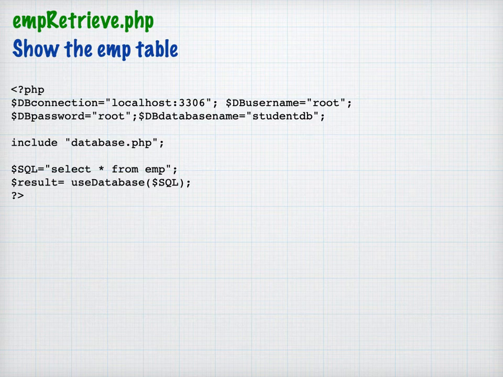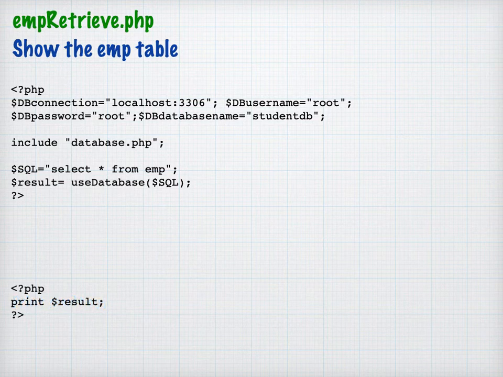What this library does is, if it's a select statement, it returns a result, and it rather nicely wraps it up into an HTML table. So we don't have to worry about any formatting. All we really have to do is print the result out. So $result is going to contain our HTML, and so we simply print it out like that.